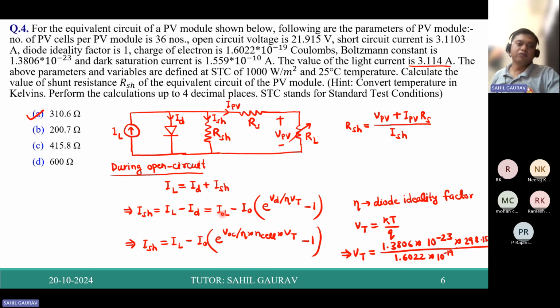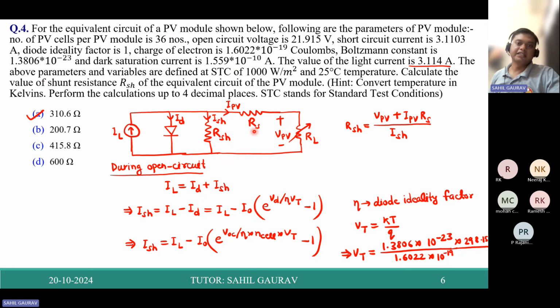For solving this problem, you don't just apply KCL and KVL across the PV module directly. Here it is asking about the shunt resistance value, so you apply KCL with the open circuit condition. That will be the process for finding the shunt resistance value.